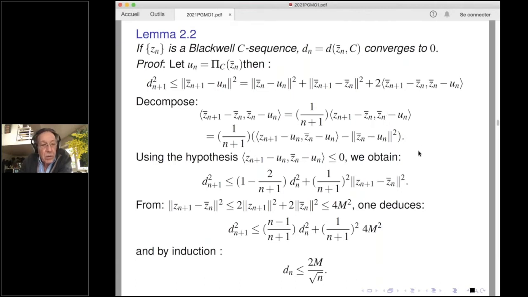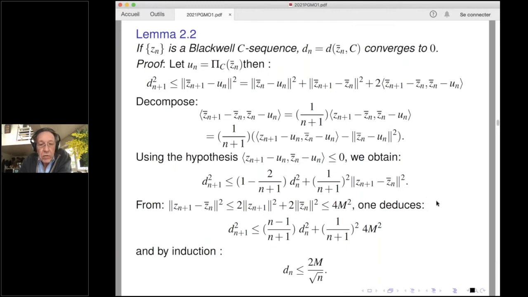Now I use the hypothesis that I had before, which said that the scalar product of z_{n+1} minus the projection with z_n bar minus the projection is negative, to obtain finally that d_{n+1} squared is smaller than (1 minus 2 over n+1) d_n squared, plus this term here that comes from the point z_{n+1} minus z_n bar.